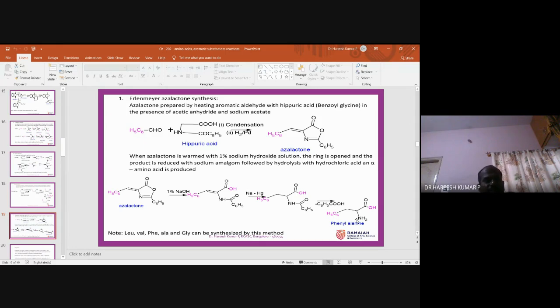In this chapter, first we are discussing what amino acids are, their classification, and the next is the synthesis of amino acids, and then peptides, how the peptide is formed.